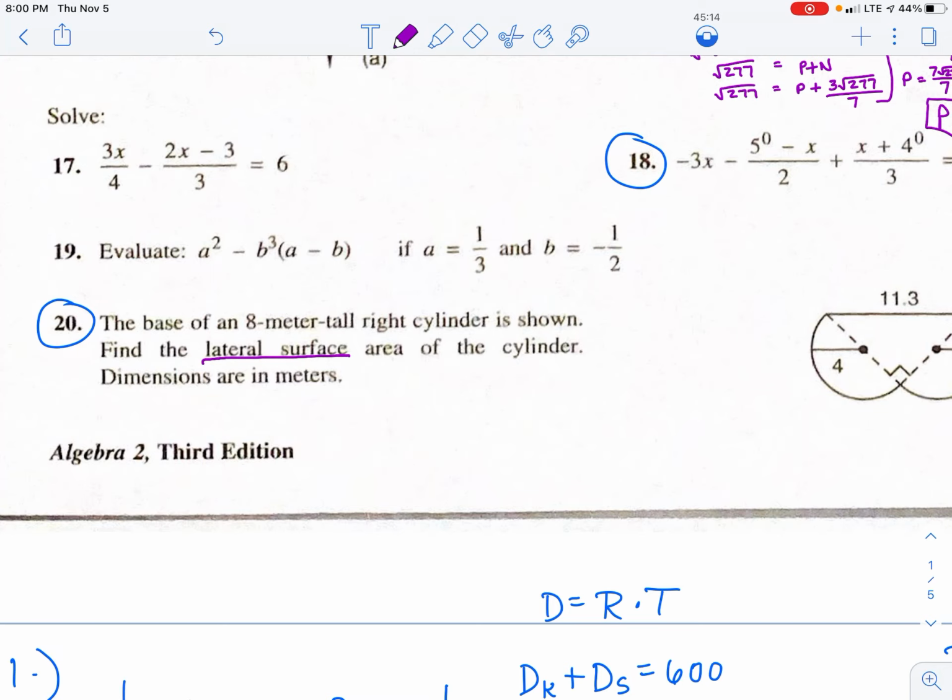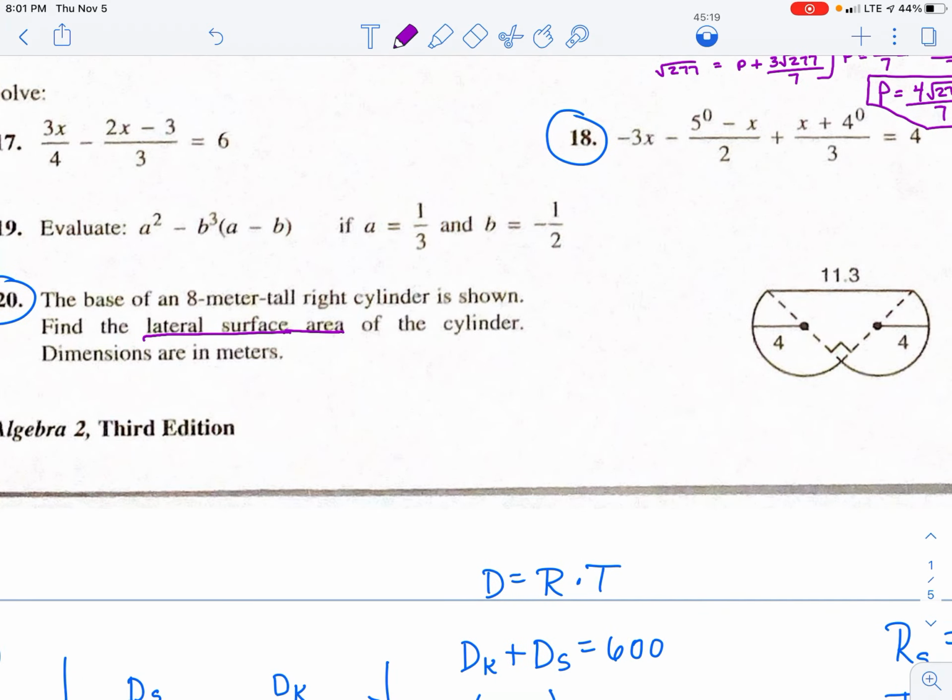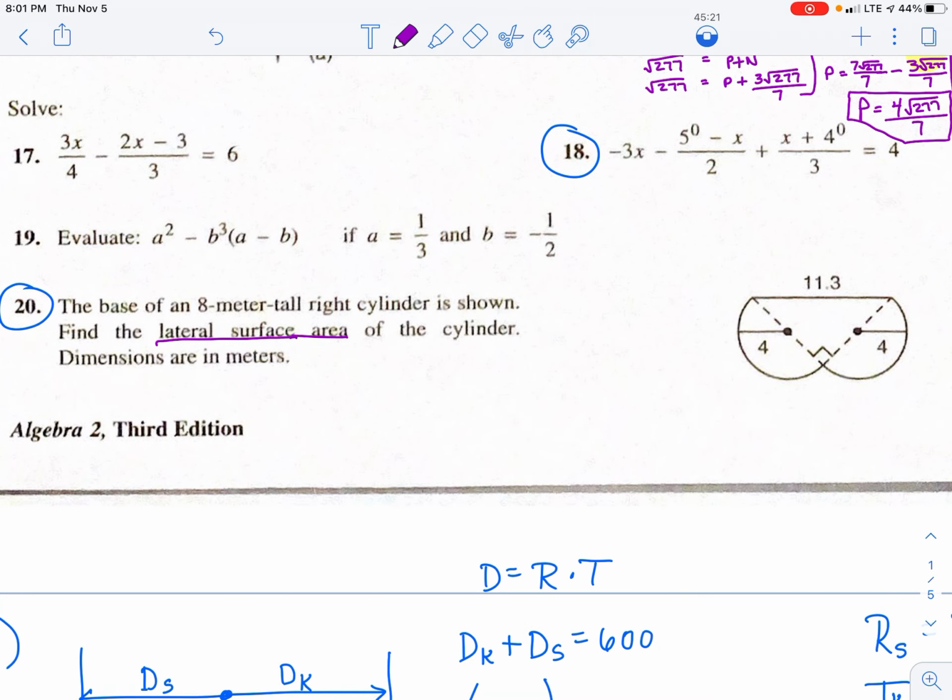So we want to find the lateral surface area of the cylinder. Okay, so the lateral surface area, oh, how I wish we were in class together so I could show you this. I am going to draw a Pringles can here. Okay. The lateral surface is only the surface that is around the can.